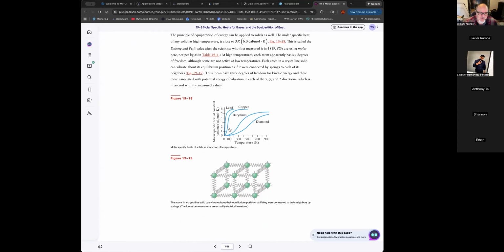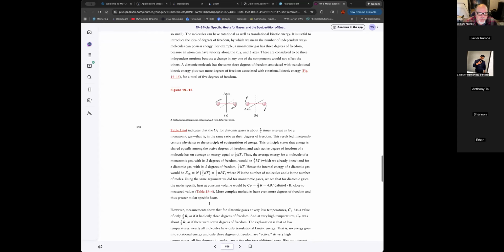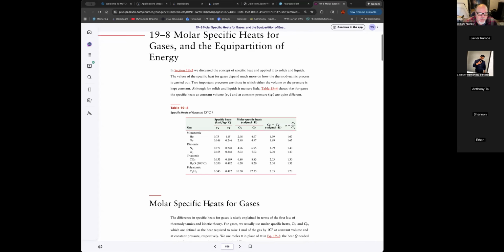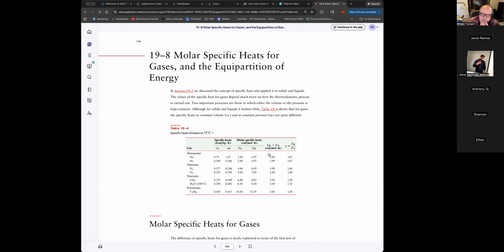All right. They talk about solids here. That's good stuff for you to read for concepts and to better understand. I also wanted to point out that the table we looked at earlier, so we got CP minus CV was R, and you can see right on the money, 2.0, 2.0, 1.99, 1.99, 2.03, 2.05. So that's pretty good.